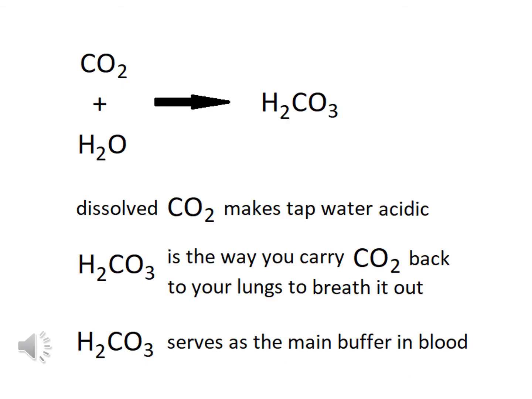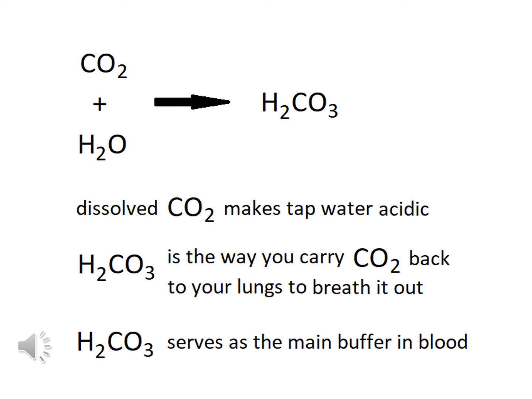If you just count the atoms in CO2 and H2O, if you put them together 1 to 1, you would get a compound that has 2 H's, a C, and 3 O's. I don't want to show you the structure, but that is what you get. That's the reason why tap water is not neutral, but it's acidic, because CO2 dissolves in it from the air.